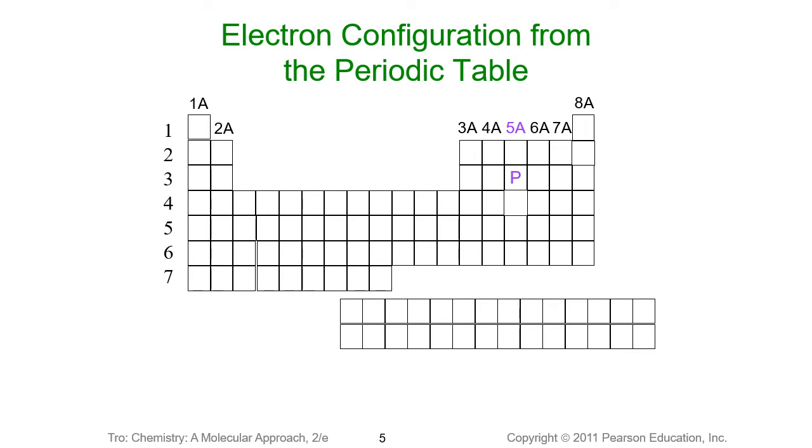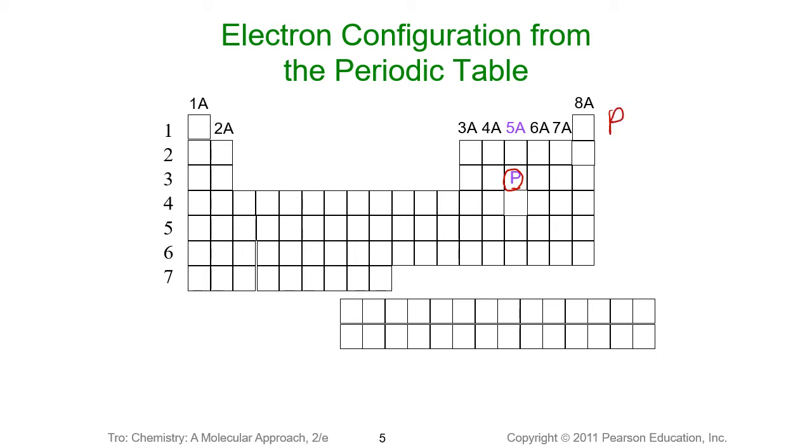So let's look at the electron configuration from the periodic table. If we want to write the electron configuration for phosphorus, there are 2 ways that we can do it. One is a longhand version, or the full electron configuration, and one is shorthand. We're going to start with the full electron configuration.